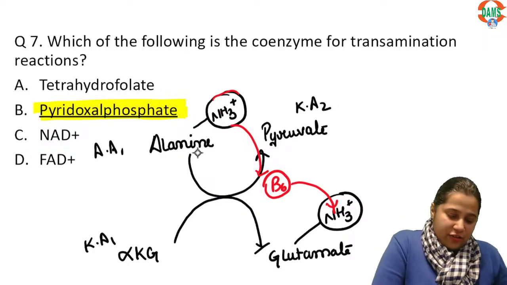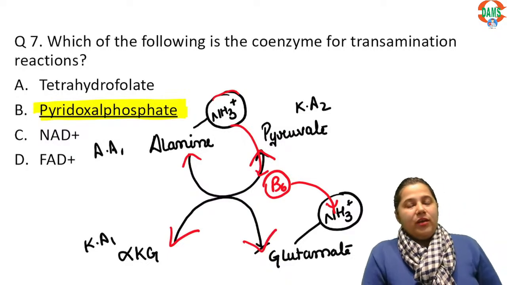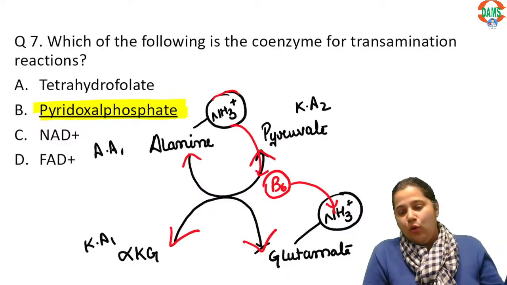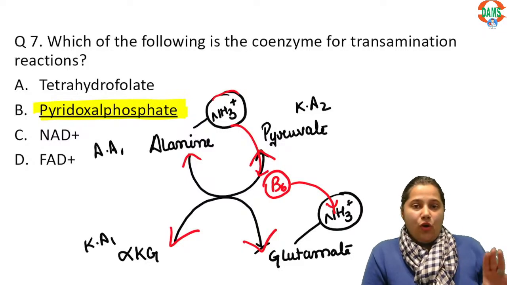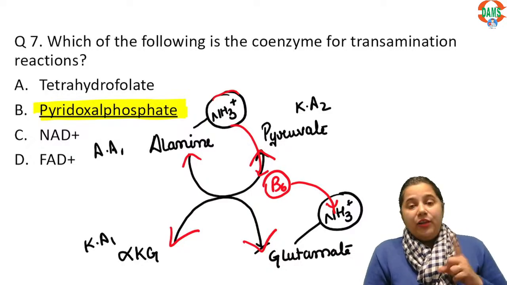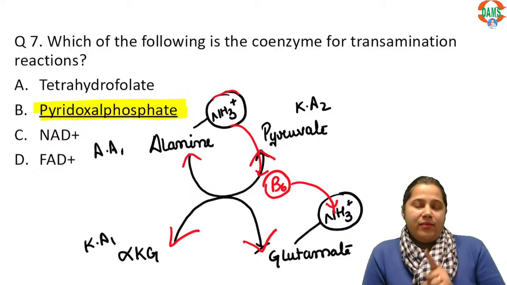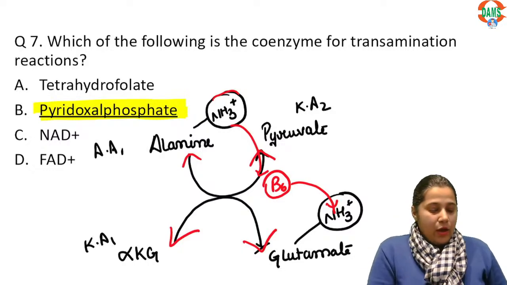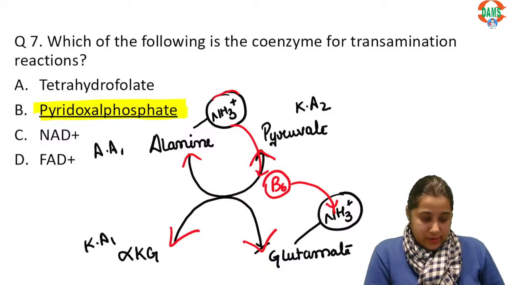All such reactions are reversible, and there is no release of free ammonia. There is transfer of ammonia, hence the enzymes are called transaminases. Question number 7, the answer is pyridoxal phosphate.